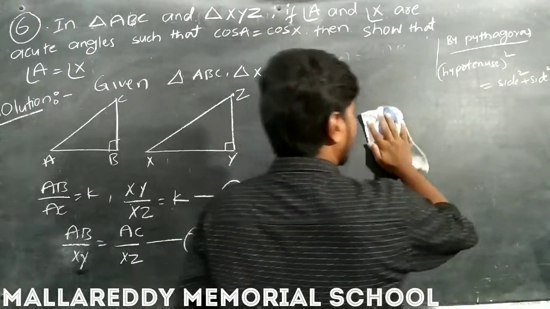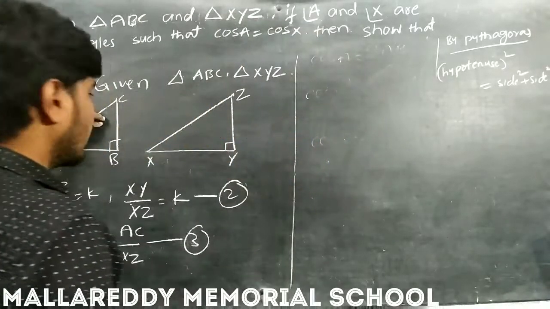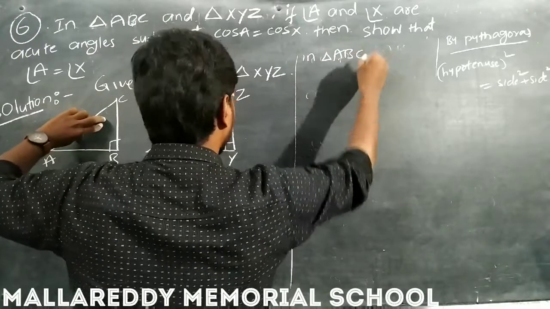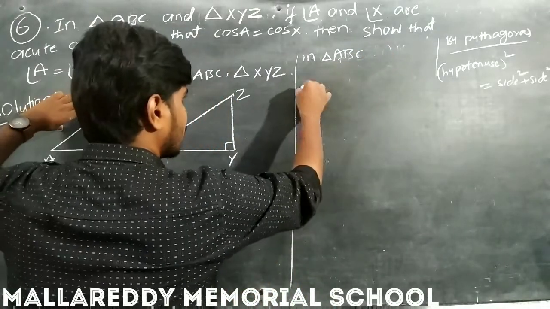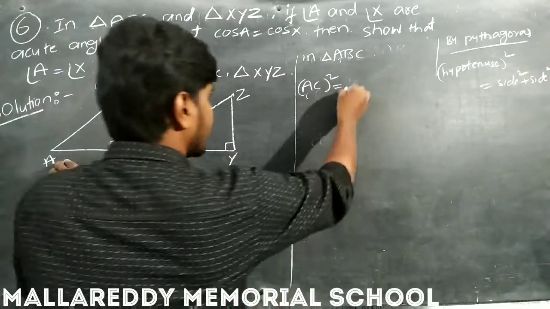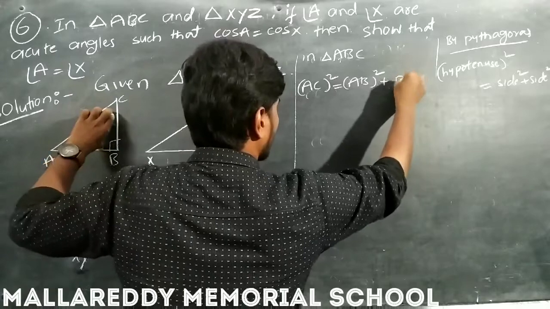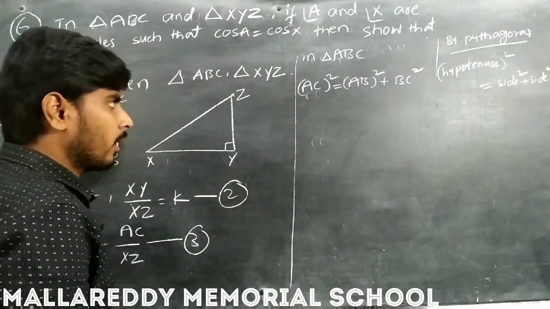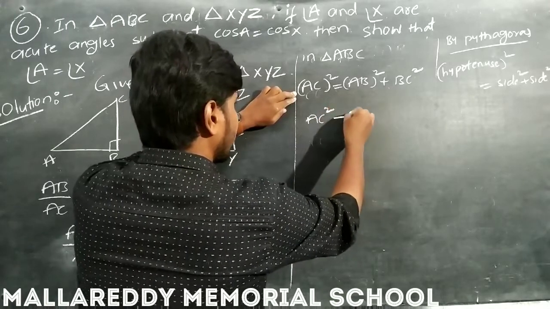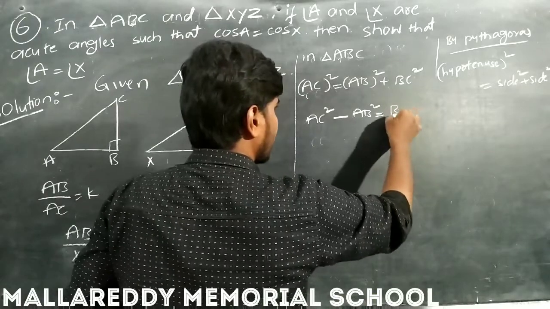So this is the Pythagoras theorem. What is the hypotenuse in the triangle ABC? In triangle ABC, AC square is equal to AB square plus BC square. The next step, AC square minus AB square equals BC square.